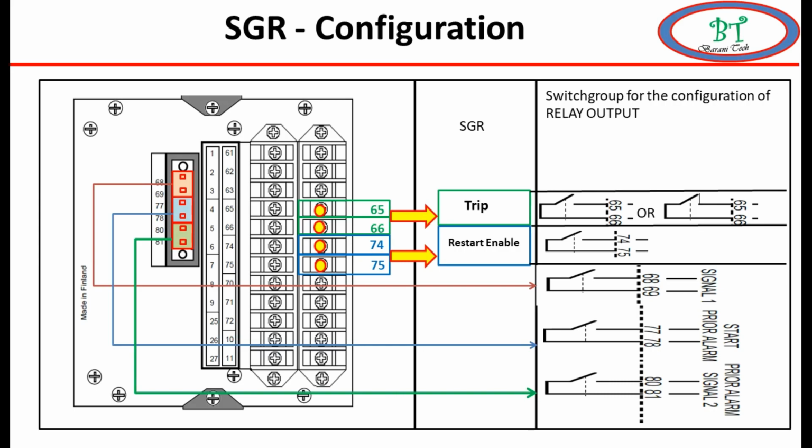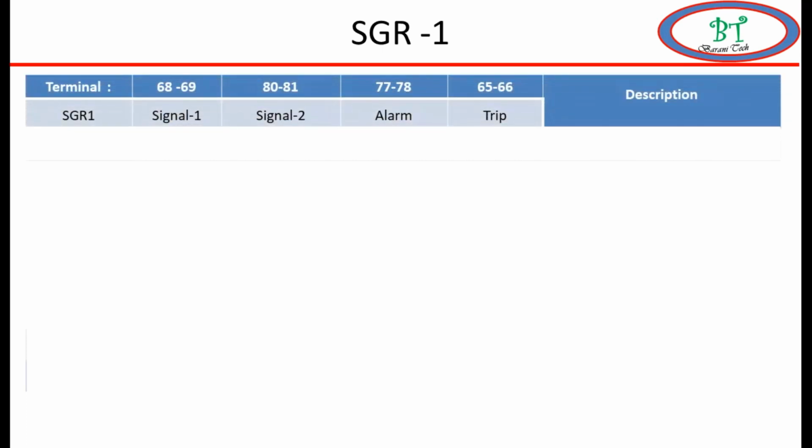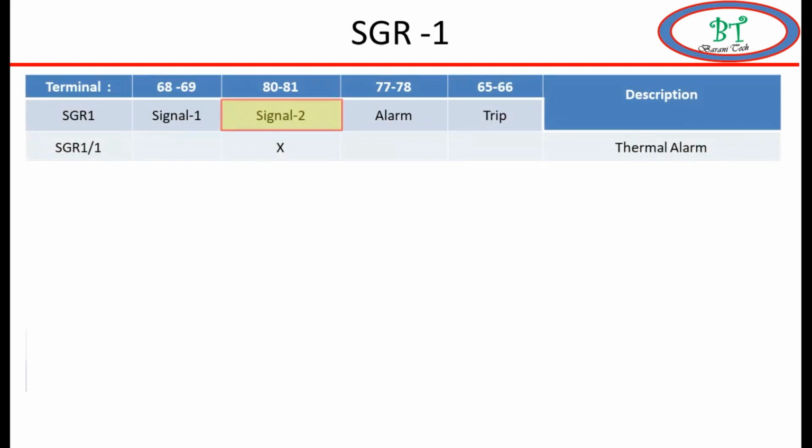Before that we need to have some clear idea on tripping output on 65 and 66. In this, all protection is configured directly except earth fault protection. Only the earth fault protection will be activated during the configuration over here for tripping. Now we will see deeply. When we configure SGR1/1 as 1, then the thermal alarm is configured to programming signal 2 on terminal 80 and 81.